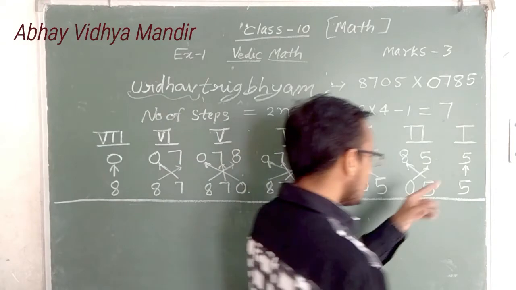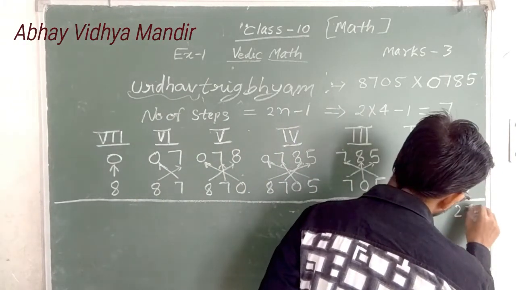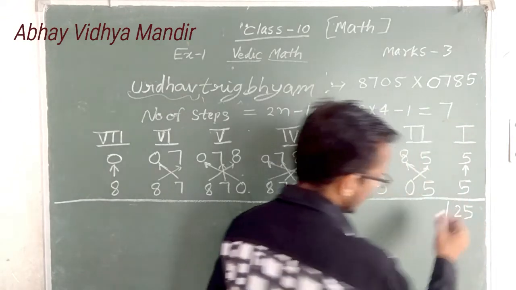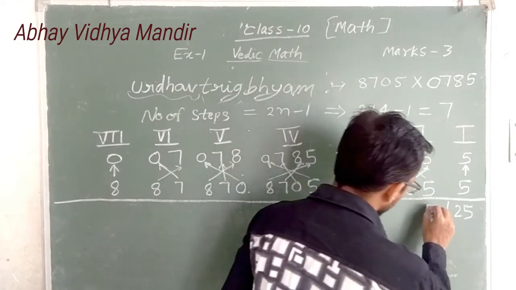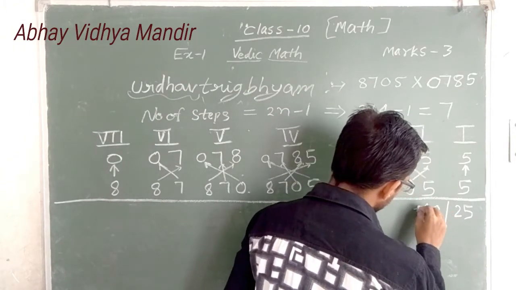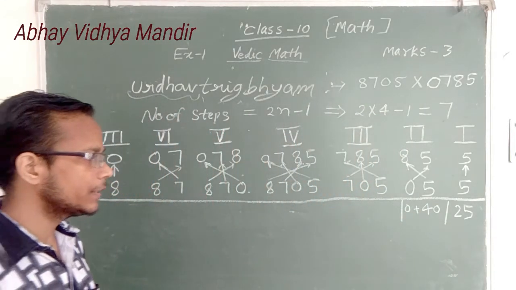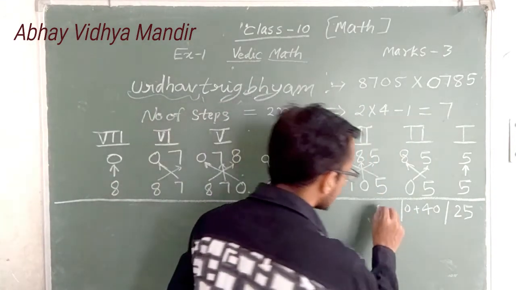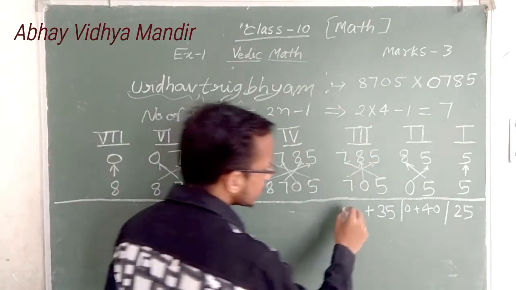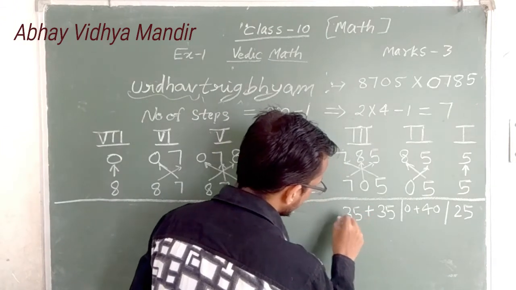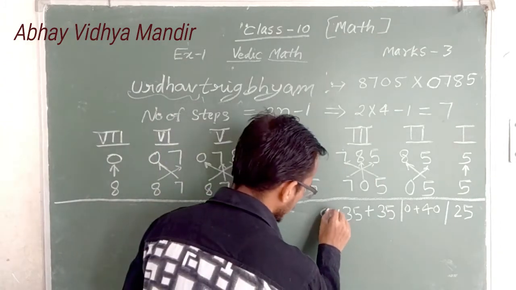Multiply 5 with 5, 25. Oblique: 5 times 8, 40, plus 0. Then oblique: 5 times 7, 35, plus 5 times 7, 35, plus 0 times 8, 0.